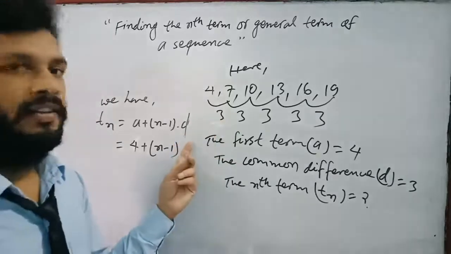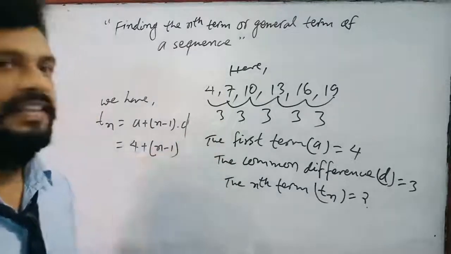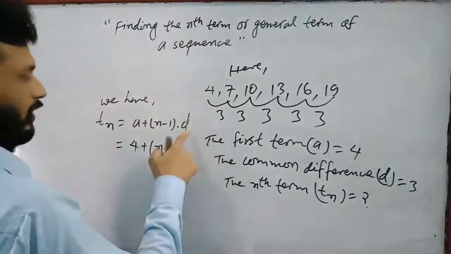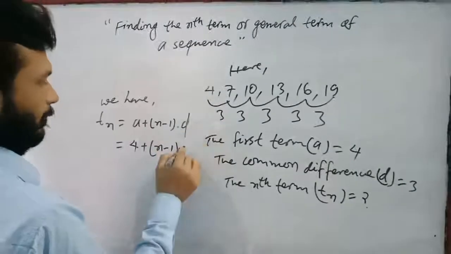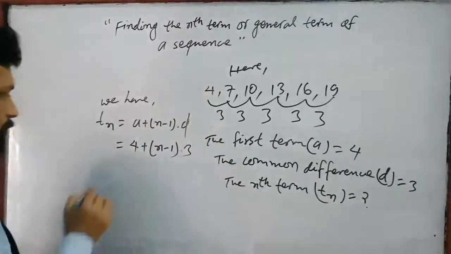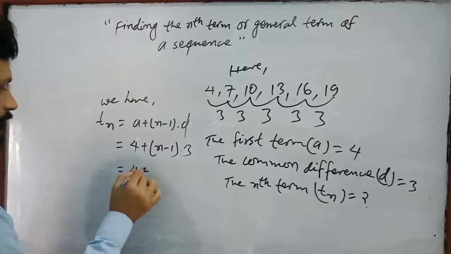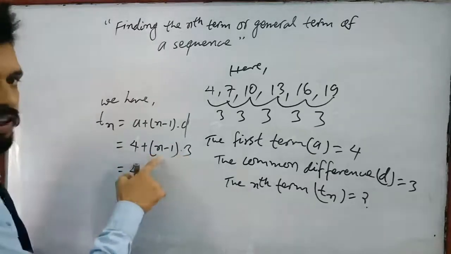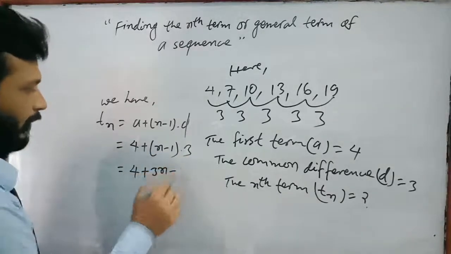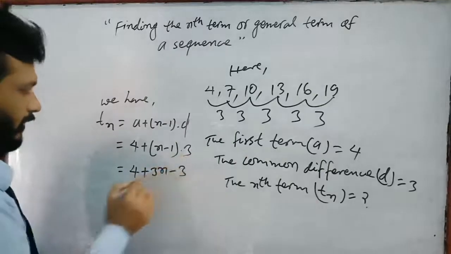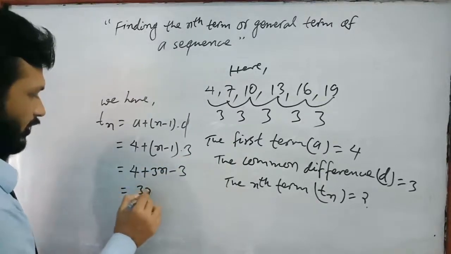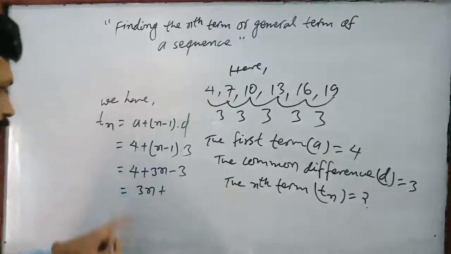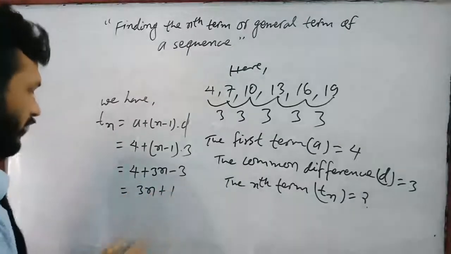So we can write 3 instead of D. Okay, now D equal to 3. This much. 4 plus 3 into n, 3n minus 3, then 3n plus 4 minus 3, 1.